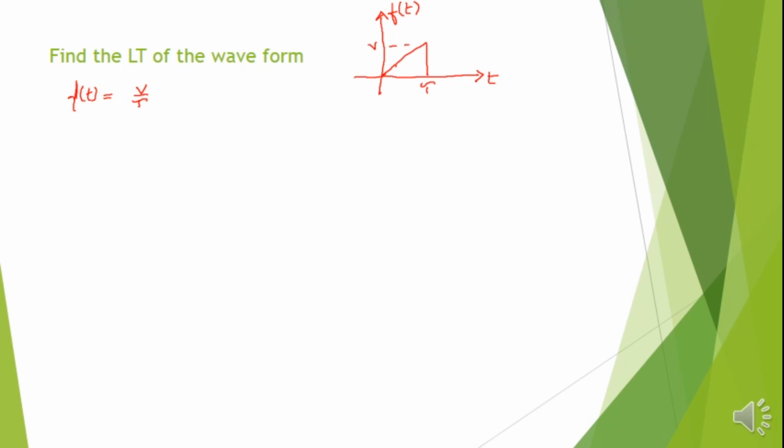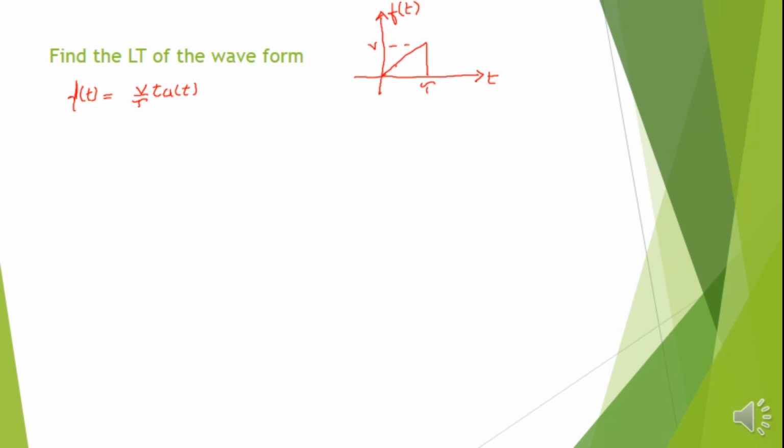So the slope of the line is V by tau. So add V by tau t u of t. Initially there is no change in magnitude, as the line starts from 0.